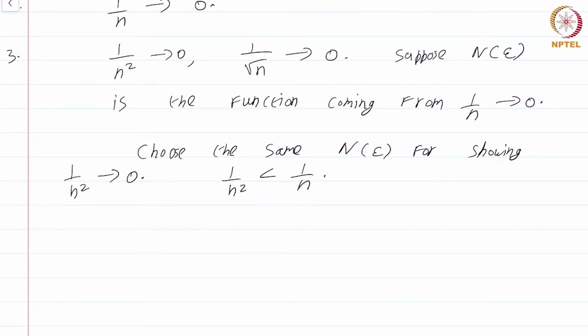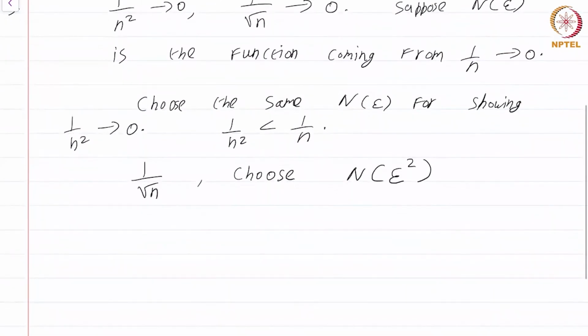Okay. What about for 1 by square root of n? Well, just choose N of epsilon squared. Okay. Choose N of epsilon squared. How does this help?